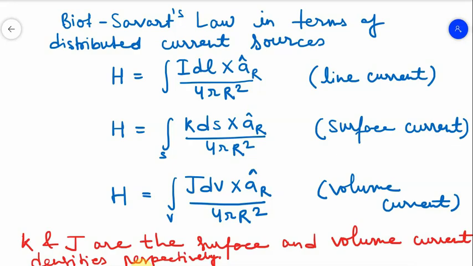Okay, so in this way we can have the representation of Biot-Savart's law in terms of the different types of distributed current sources. That is, for line current this will be applicable, for surface current this will be applicable, and for volume current this relation will be applicable.